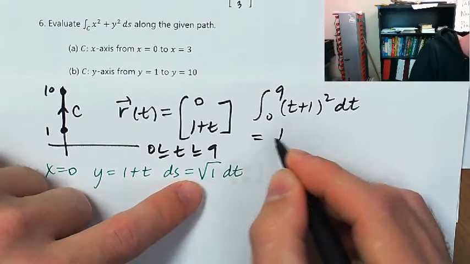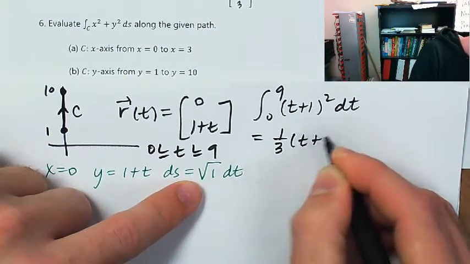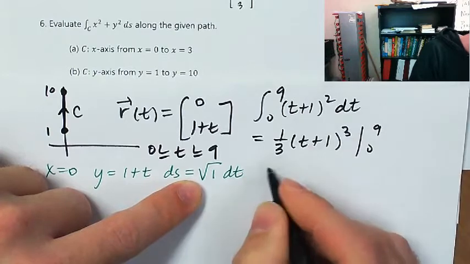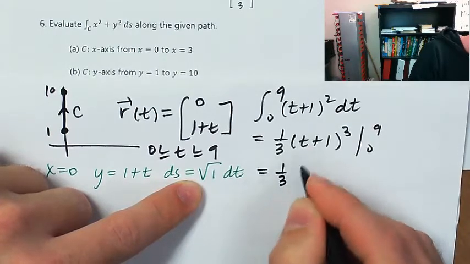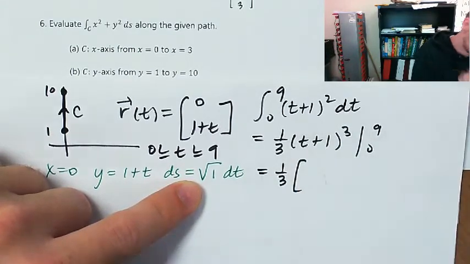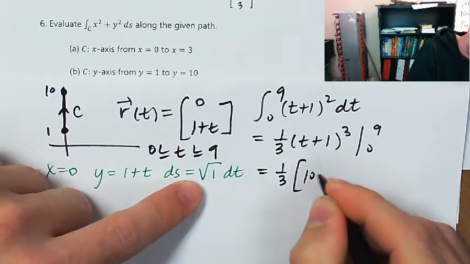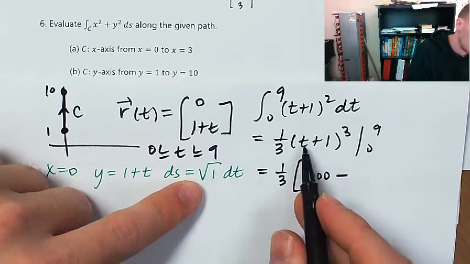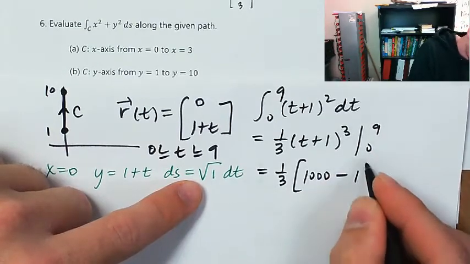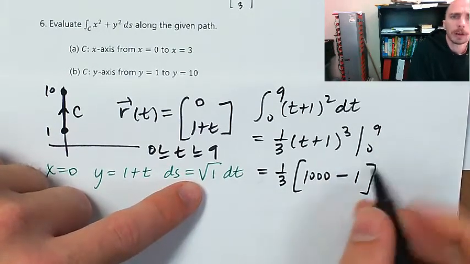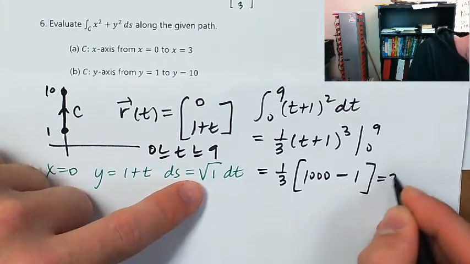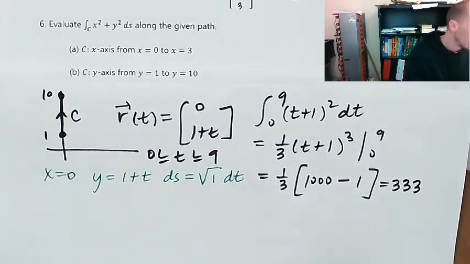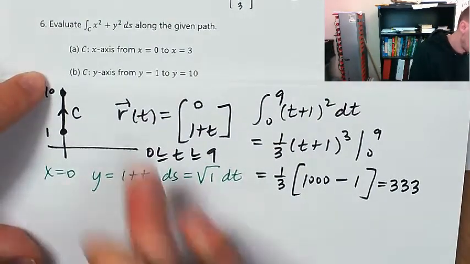And that'll be 1/3 of t plus 1 to the third as t runs from 0 to 9, which is going to be 1/3 of 9 plus 1 is 10 to the third, minus, when I plug in 0, I'll get 1 to the third. Oh, and that'll be 999 divided by 3. Okay, that's a whole number. Okay. And that was 6b.